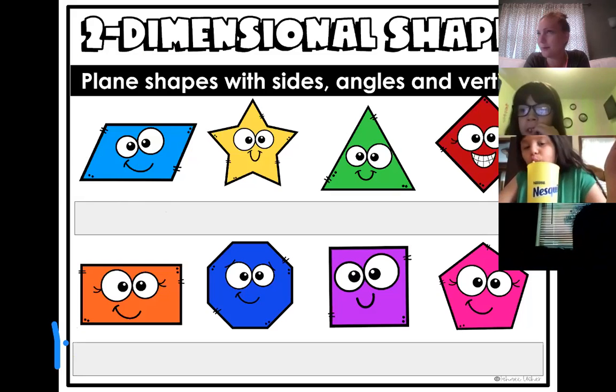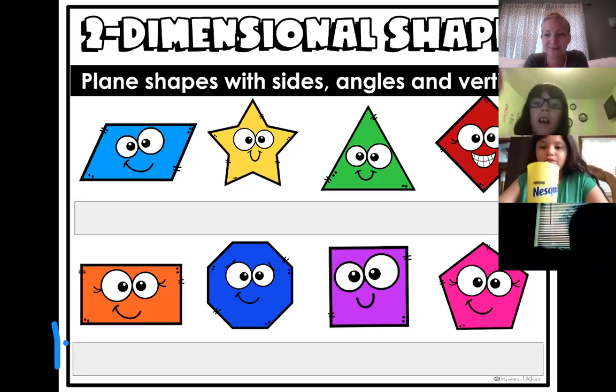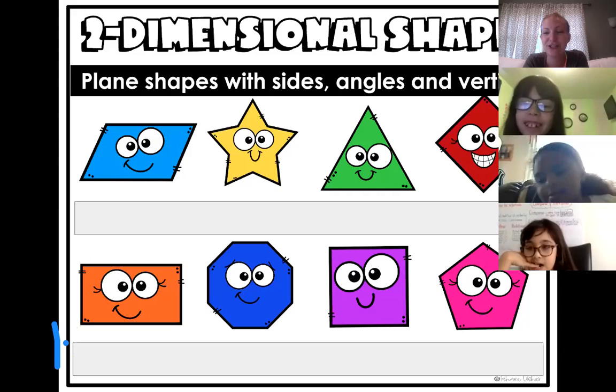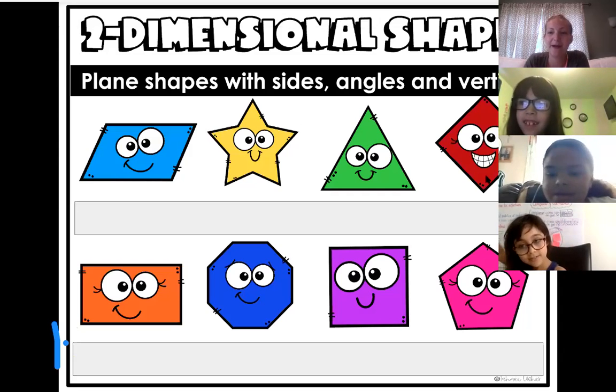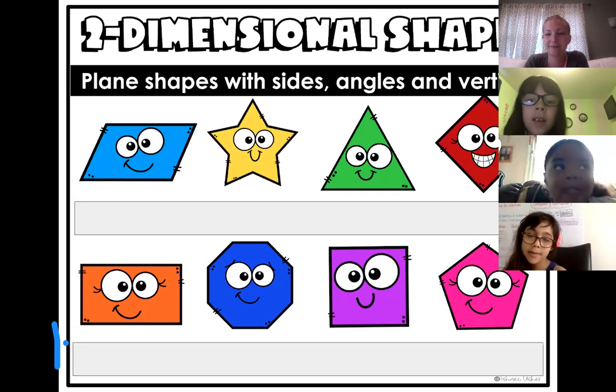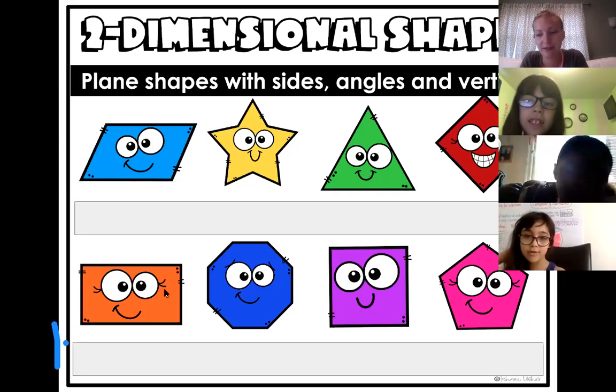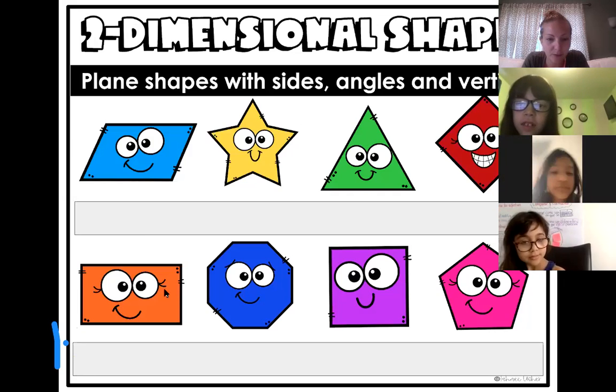All right, yellow. Everybody, you know the yellow shape. Star. Green shape. What's the green shape? Triangle. How about the red one? Diamond. The orange one at the bottom. Rectangle. The blue one. Hexagon.